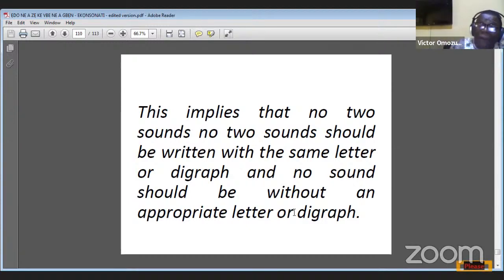That single R stands for the sound ri, whereas the ri in Sarah is double R. Then no sound should be without an appropriate letter or digraph. We are going to see such examples in the current way we write Edo when we start talking about the nasal consonants.